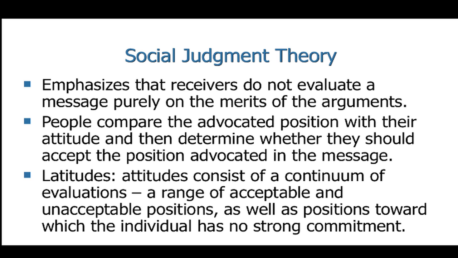Social judgment theory includes latitudes. Latitudes are essentially attitudes that consist of a continuum of evaluations, a range of acceptable and unacceptable positions, as well as positions towards which the individual has no strong commitment.